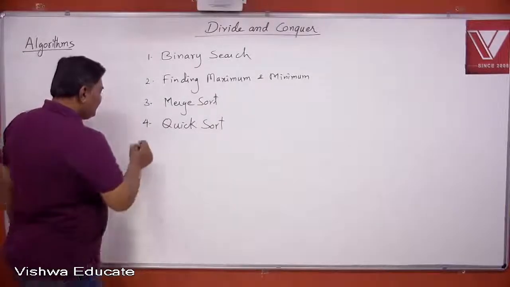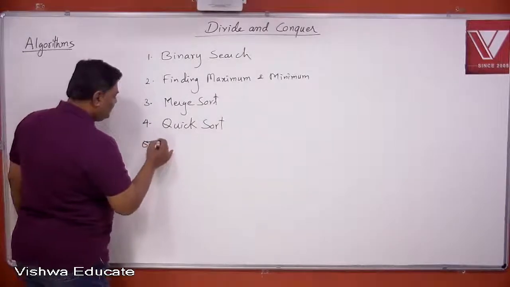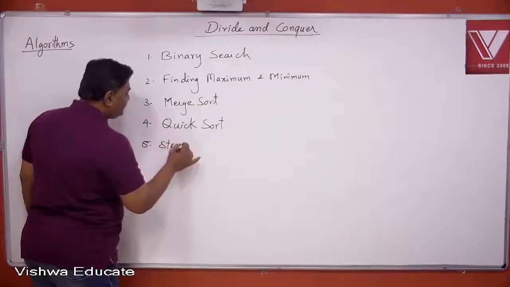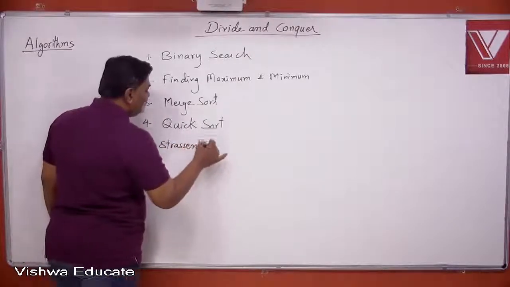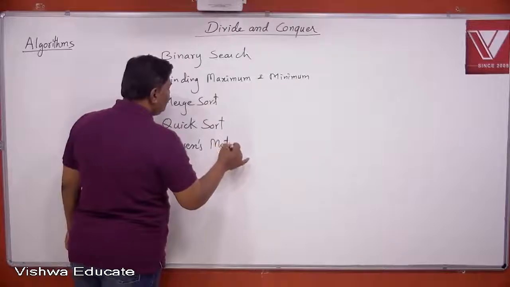That's all. There is one more problem called Strassen's matrix multiplication. This is not there in GATE.